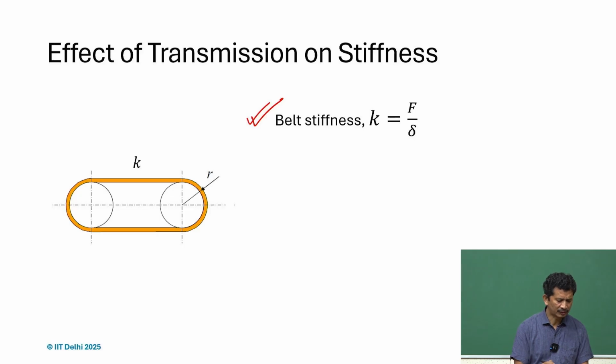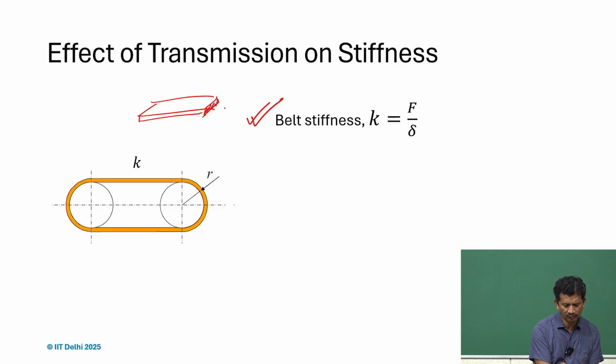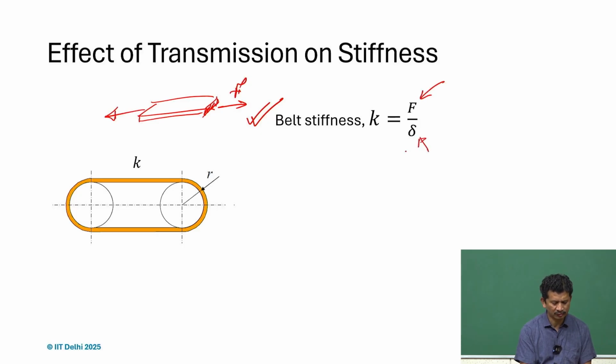Suppose this is the belt, with area of cross section, and we apply the force F. Because of this force there will be some extension, a displacement delta, and that is how we define belt stiffness. It is getting stretched, we apply tensile force. Belts usually work only in tension.